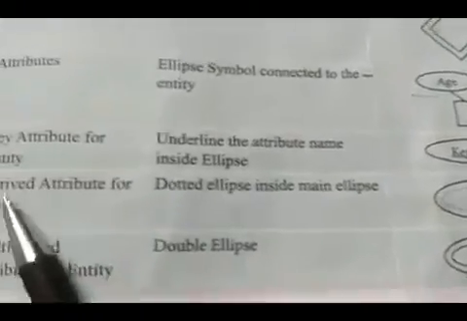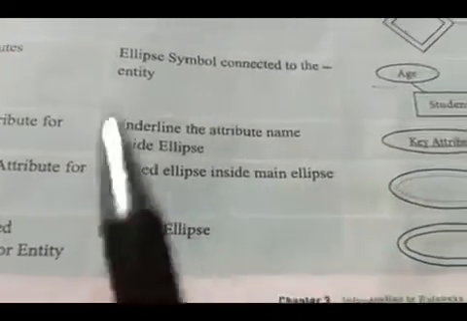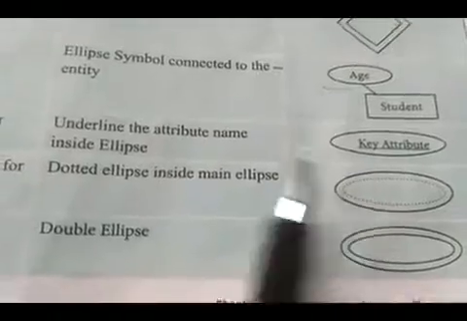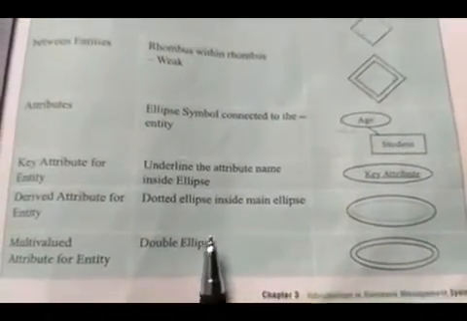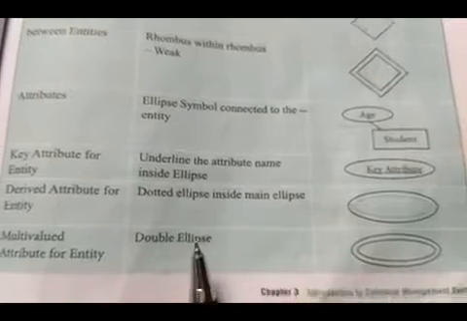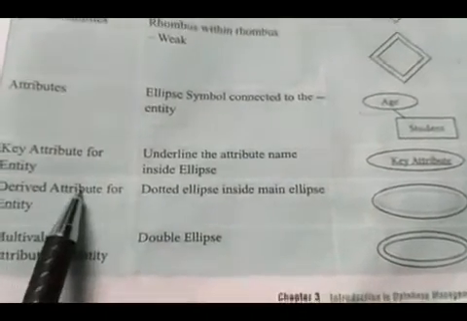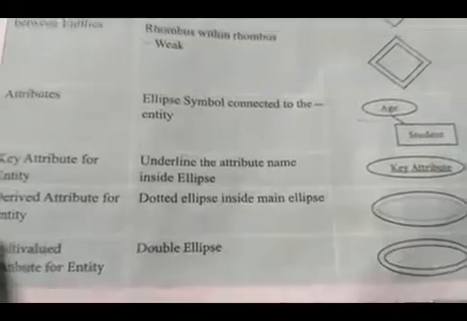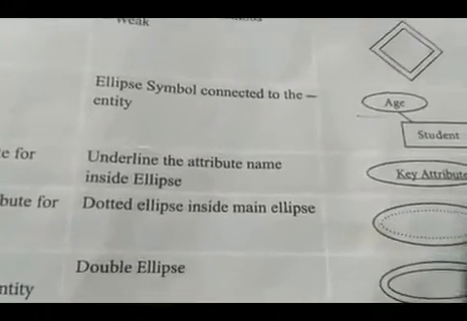And then derived attributes for the entity, that is, from one entity we are creating another sub-attribute. For example, from the name we are creating first name and last name. Here first name and last name are said to be derived attributes, and those derived attributes are represented by a dotted ellipse symbol.